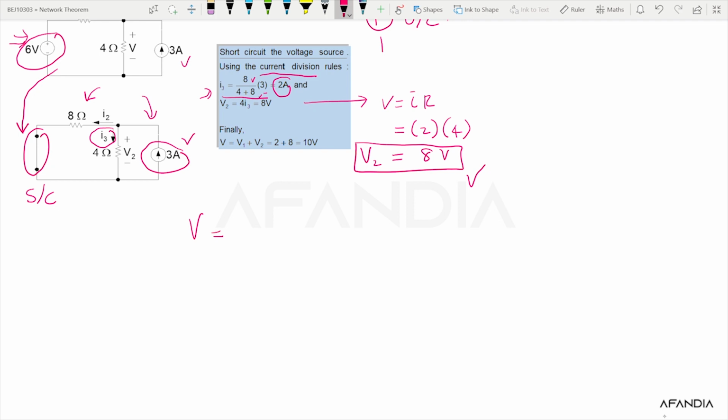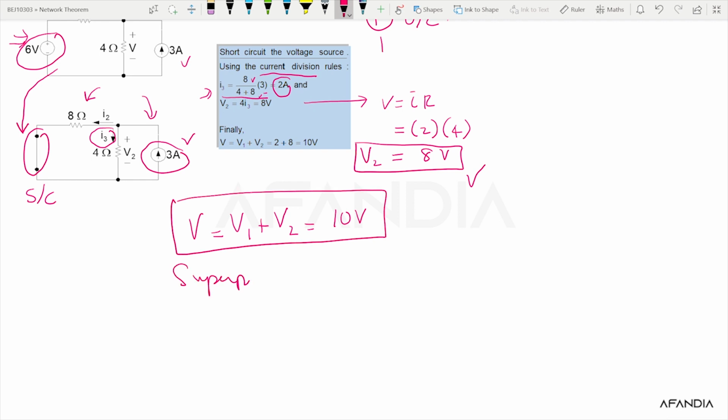So V equals V1 plus V2, equal to 10 volt. You must remember superposition is about the algebraic sum, meaning that you need to accumulate the values because you have two independent sources. This is why you have V1 plus V2.